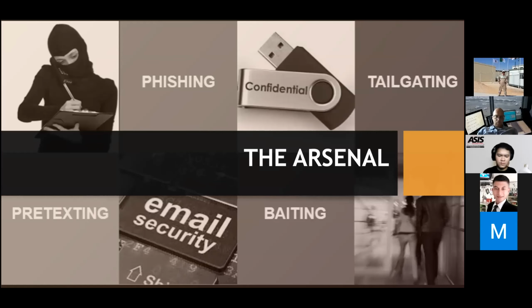So the key underlying part, between the phishing, baiting and tailgating, is that we need to make sure there's awareness, of people being alert and vigilant. But there needs to be a security culture.